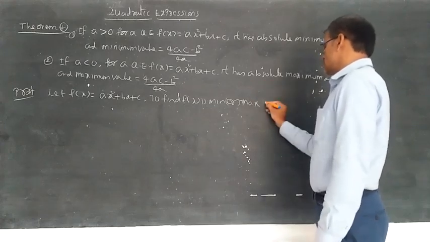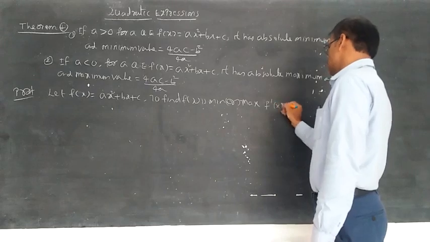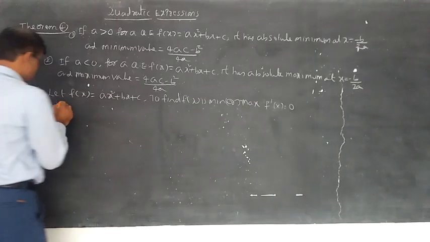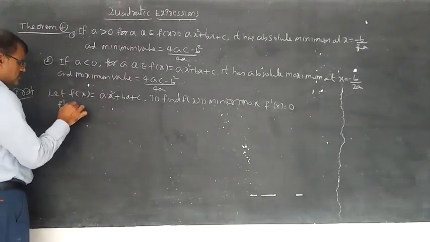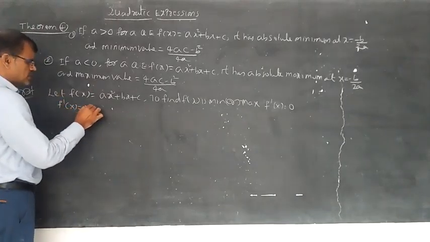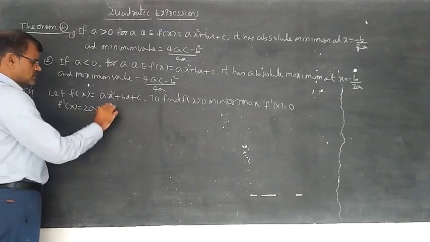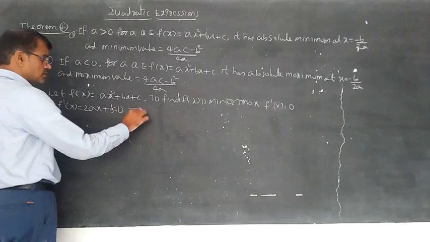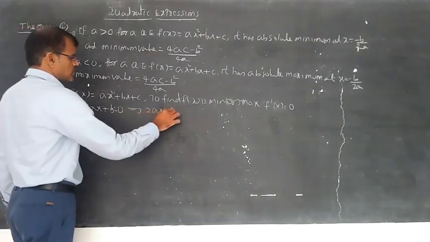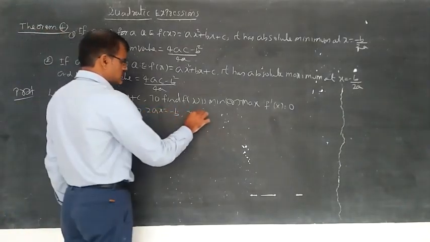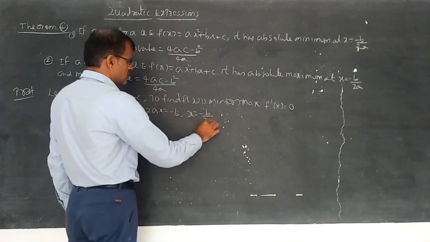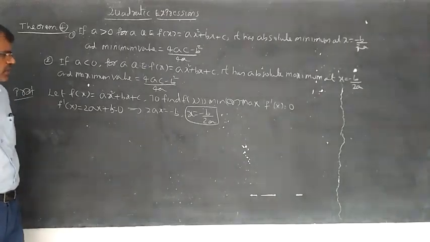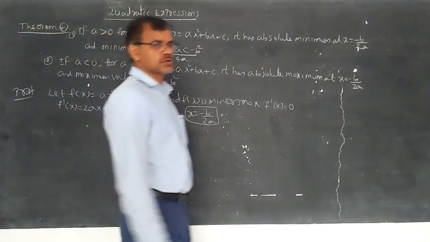Simply, f dash x is equal to 0. The derivative of ax square plus bx plus c equal to 0 is 2ax plus b equal to 0. So 2ax equals minus b, and x is equal to minus b by 2a.